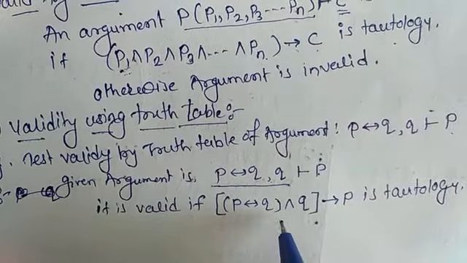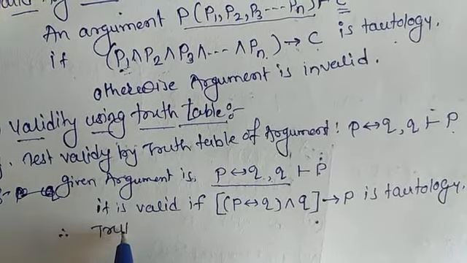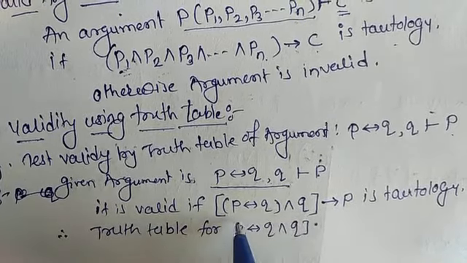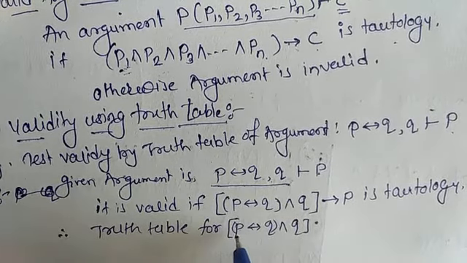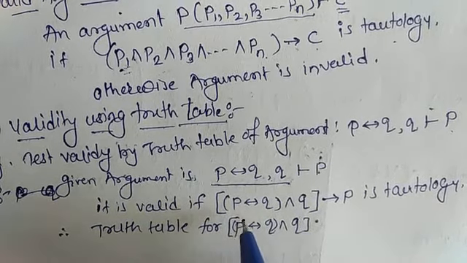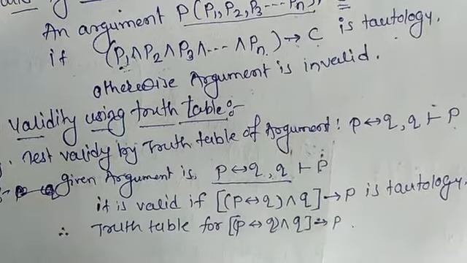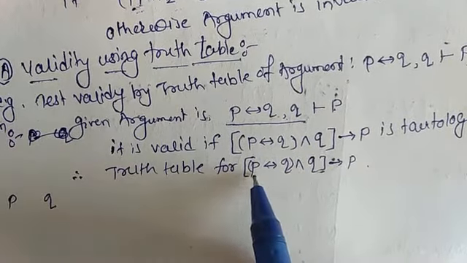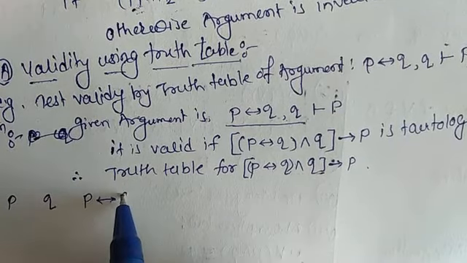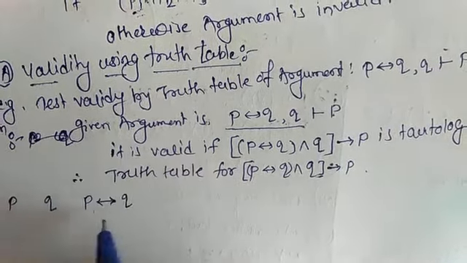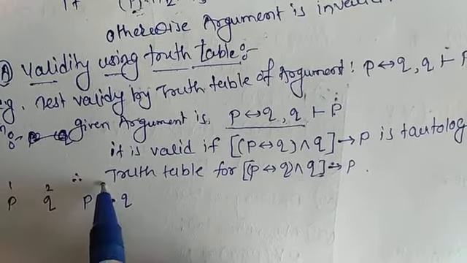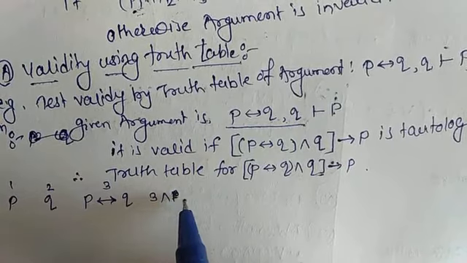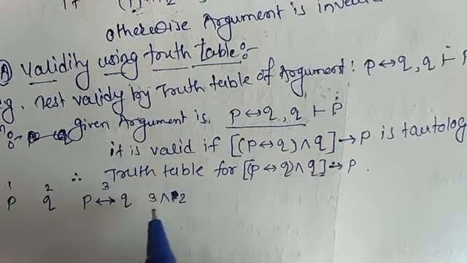So we construct a truth table for (P → Q) and Q. We have to take a bracket where it is necessary: ((P → Q) ∧ Q) → P. Here there are two statements, P and Q. First we complete the left side: the conditional P → Q, and we take AND with Q. Writing column numbers 1, 2, 3, we take column 3 and column 2, which is column number 4.